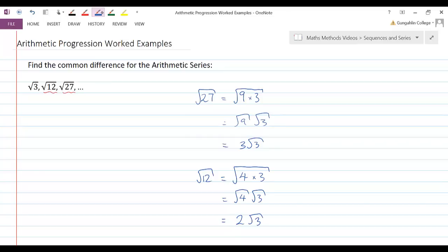Now if I want to find the common difference, I can take two subsequent terms. I've just worked both of these out: root 27 minus root 12.